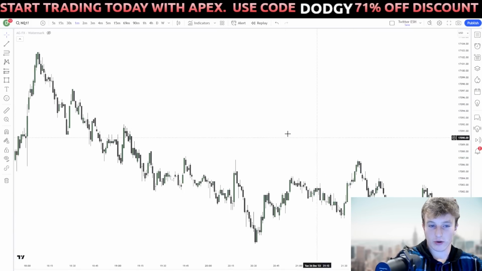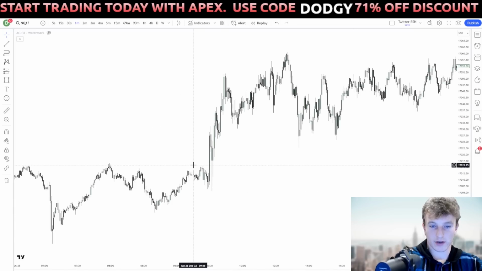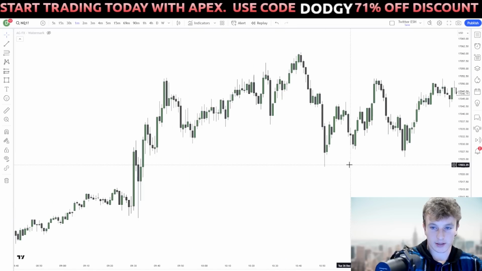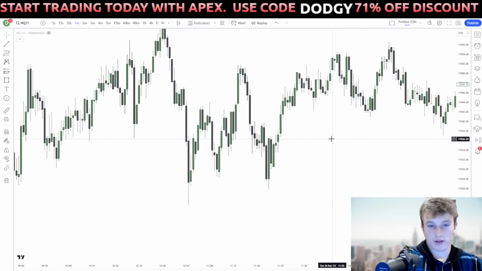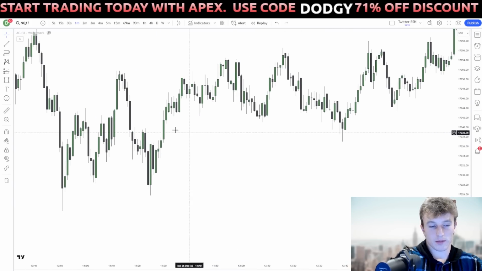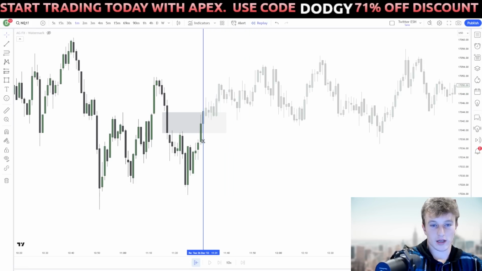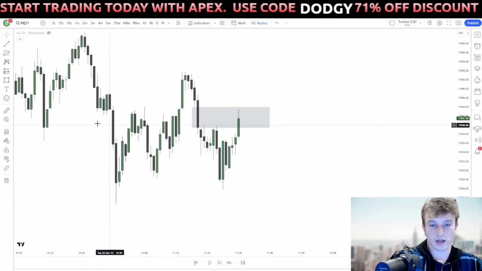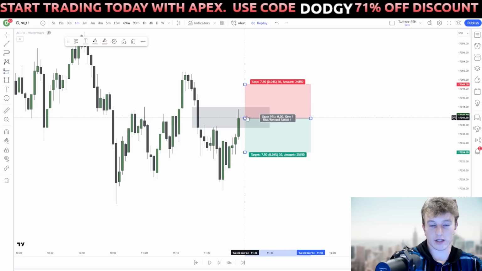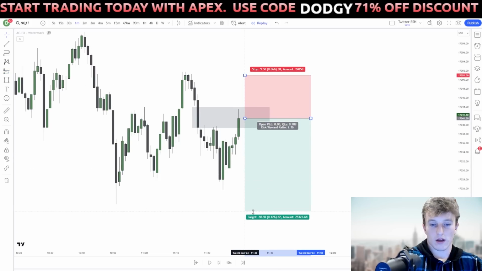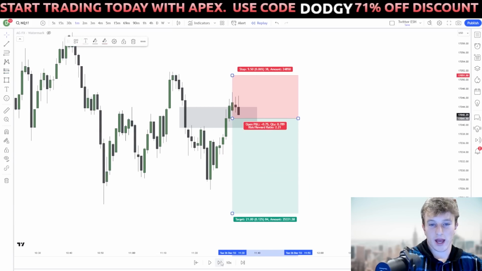Imagine you're learning the 2022 model and it's your first ever time taking it, and you think, this looks really good, I'm going to short this. Let's say right here you think this is a market structure shift. Just because of what ICT says, you think this goes down. Well, what happens? Bang, you get wrecked.